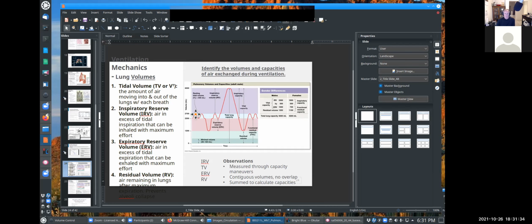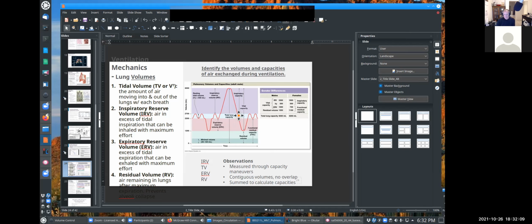When you're just sitting there breathing normally, you just kind of work in the middle of here, and that's right around 500 cc's. When you sigh, take a deep breath, that's where you use your inspiratory reserve volume. And then there's an expiratory reserve volume where you blow everything out.